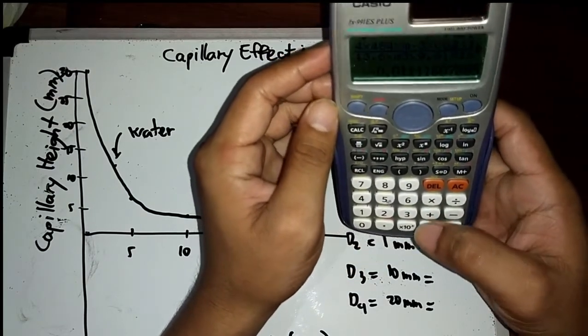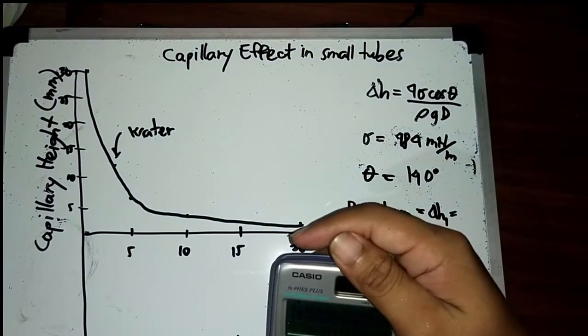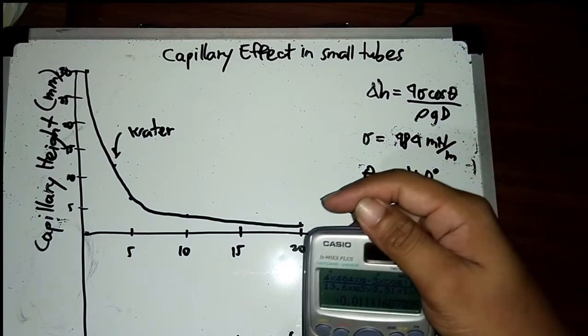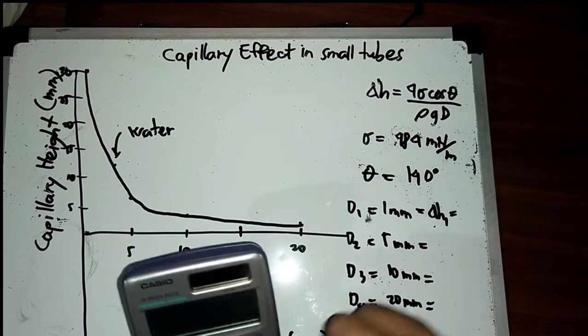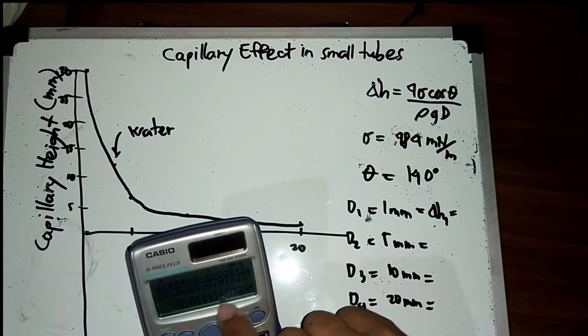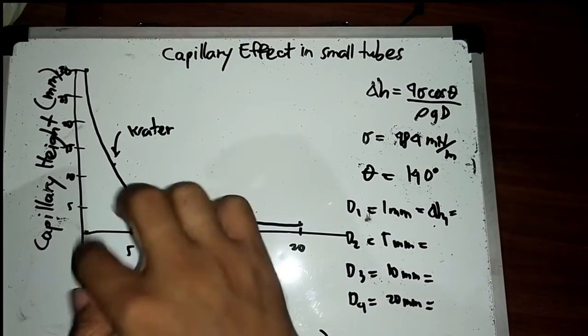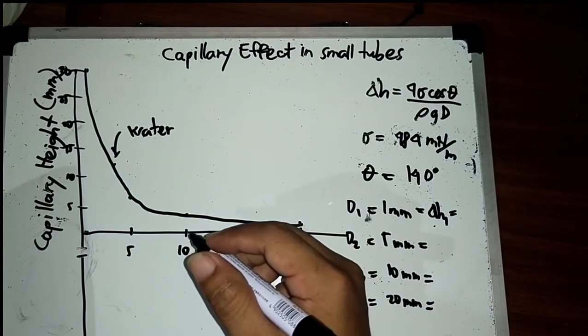So the answer will be negative 0.111. This is in meter, so if we convert this into mm, we'll have negative 11.1.